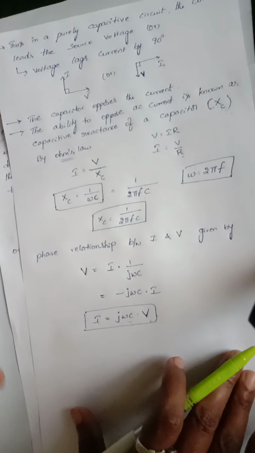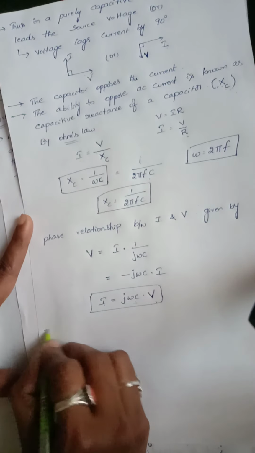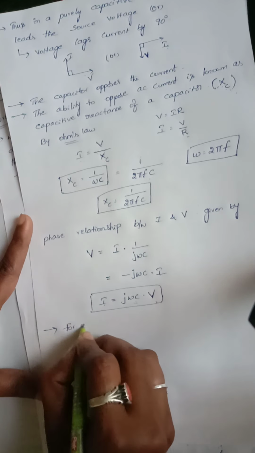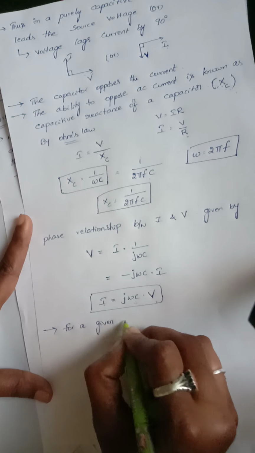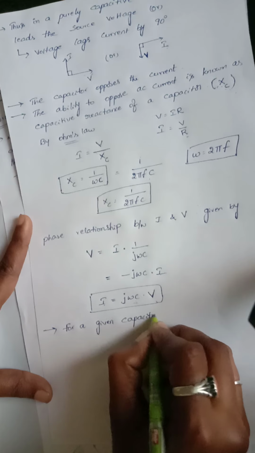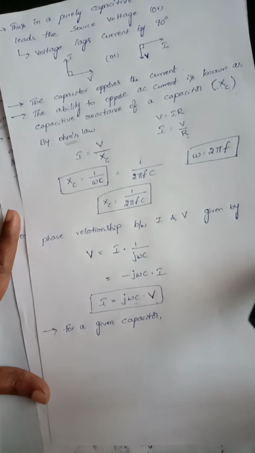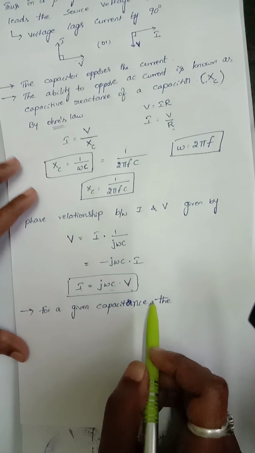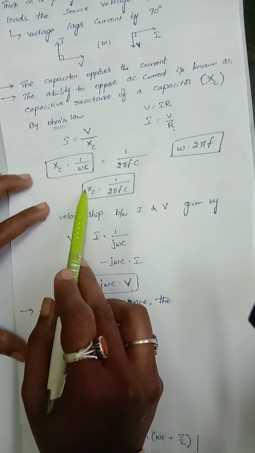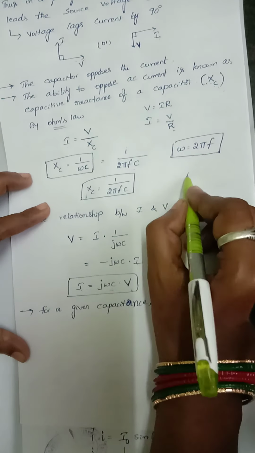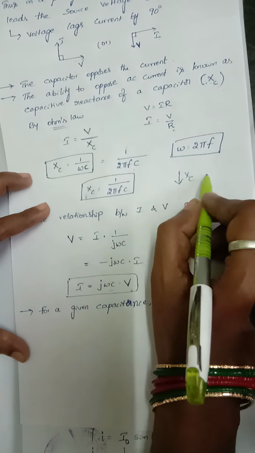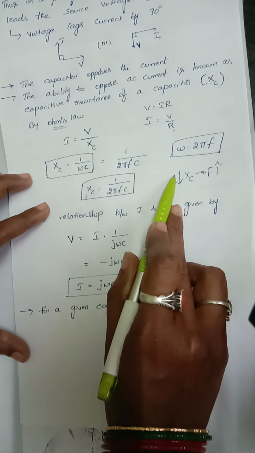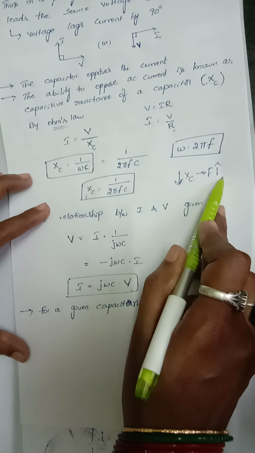From this we get that for a given capacitance of a capacitor in the circuit, the capacitive reactance decreases when frequency increases.